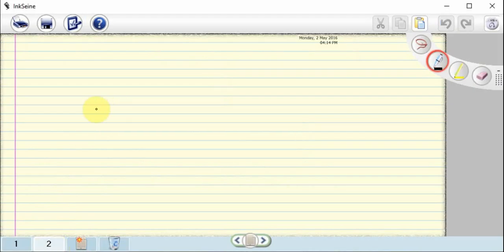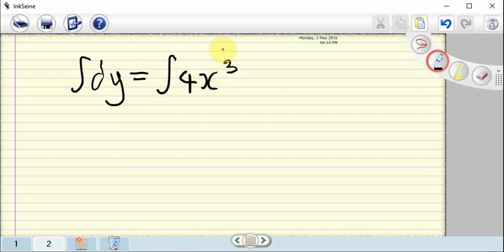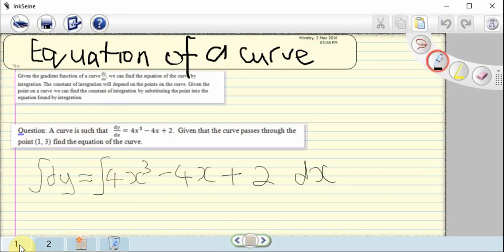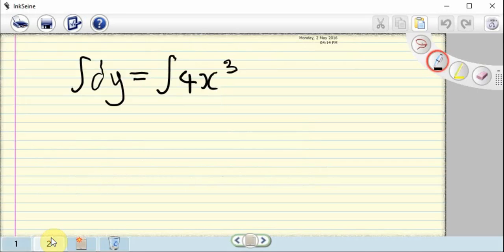Let me write that equation again: dy is equal to 4x cubed minus 4x plus 2 dx. So let us integrate.